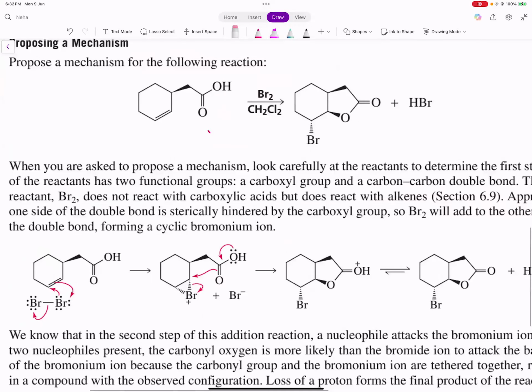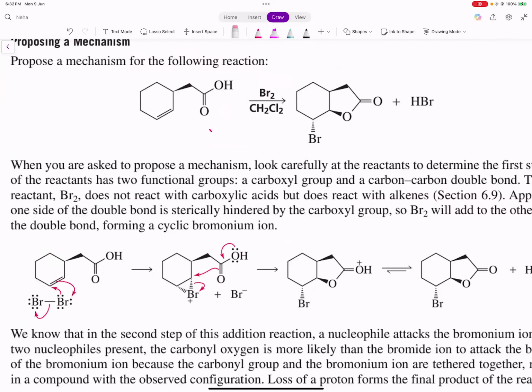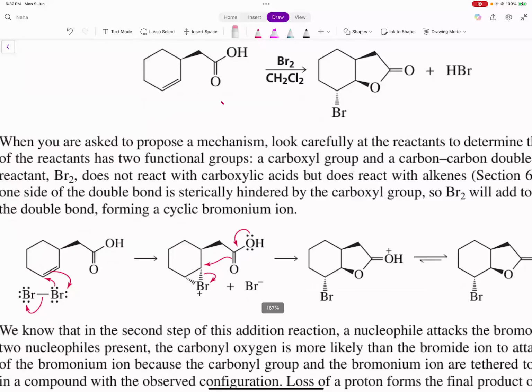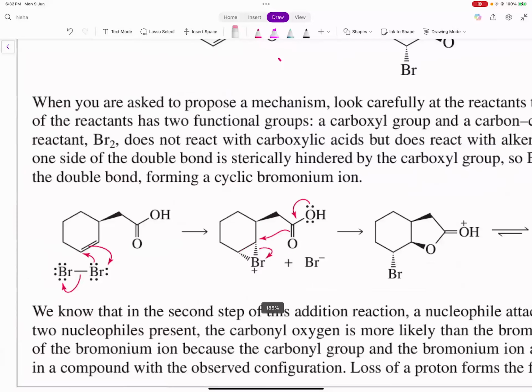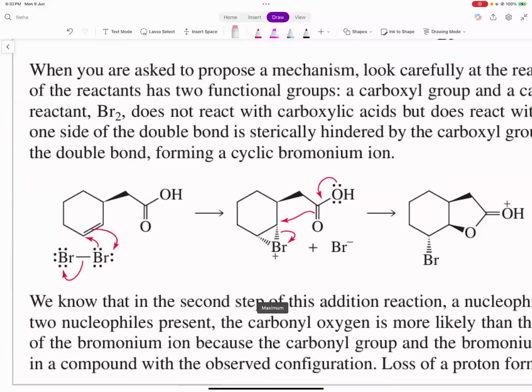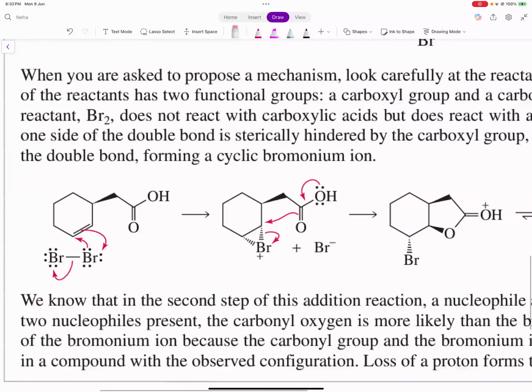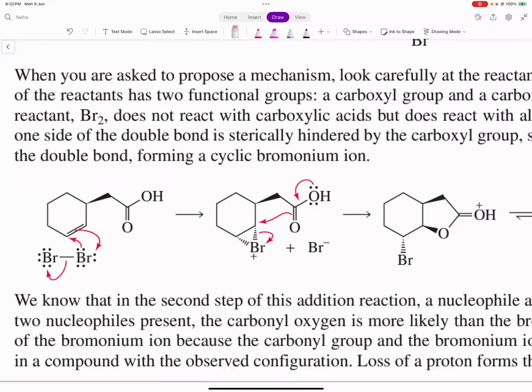After the cyclic bromonium, why has the cyclic bromonium been formed from the down face? Why is this down? Because this group is on the upside, blocking the upside. So it will be much better for bromine to come from the downside. It has come from the downside.